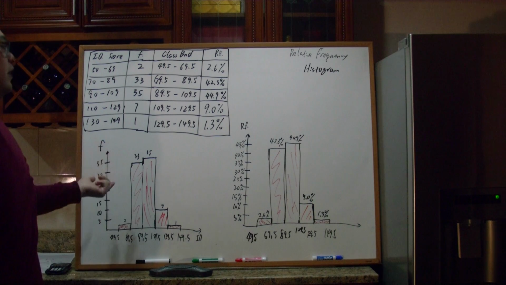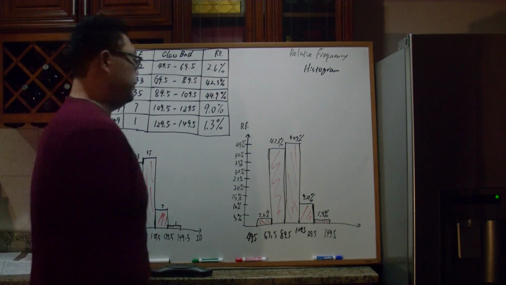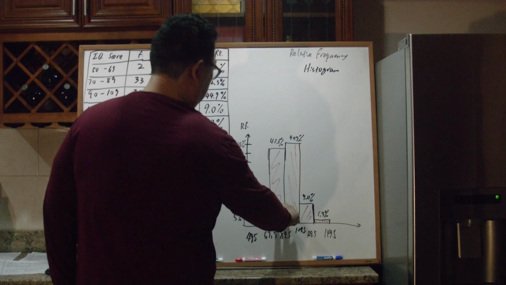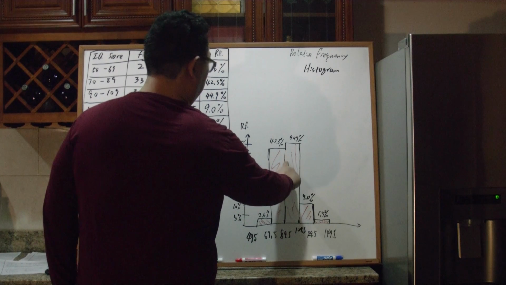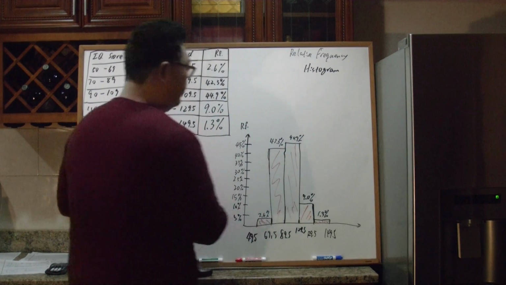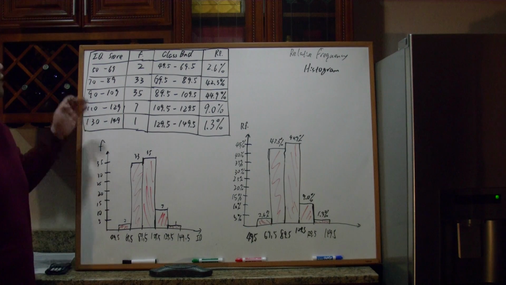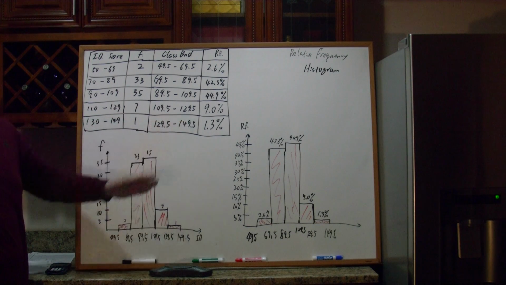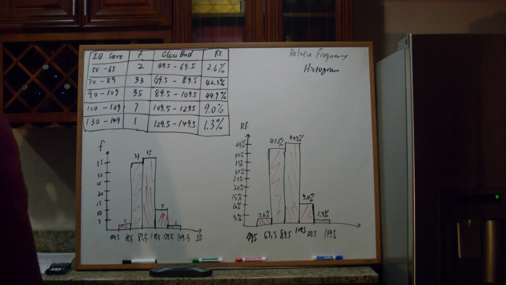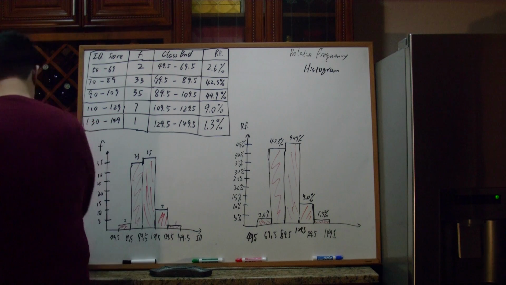Either the histogram or the relative frequency histogram, we get no gap between every two classes. That's pretty much what we use for frequency and relative frequency as the histogram and relative frequency histogram.